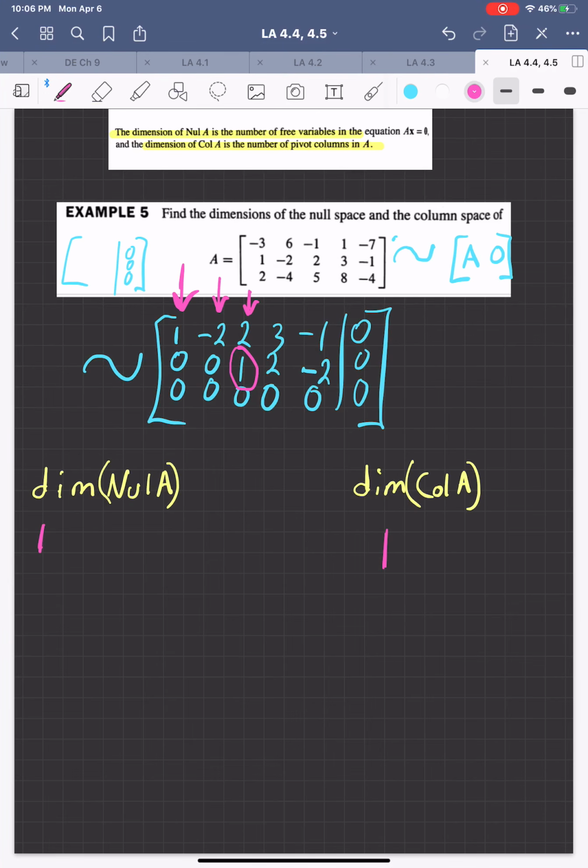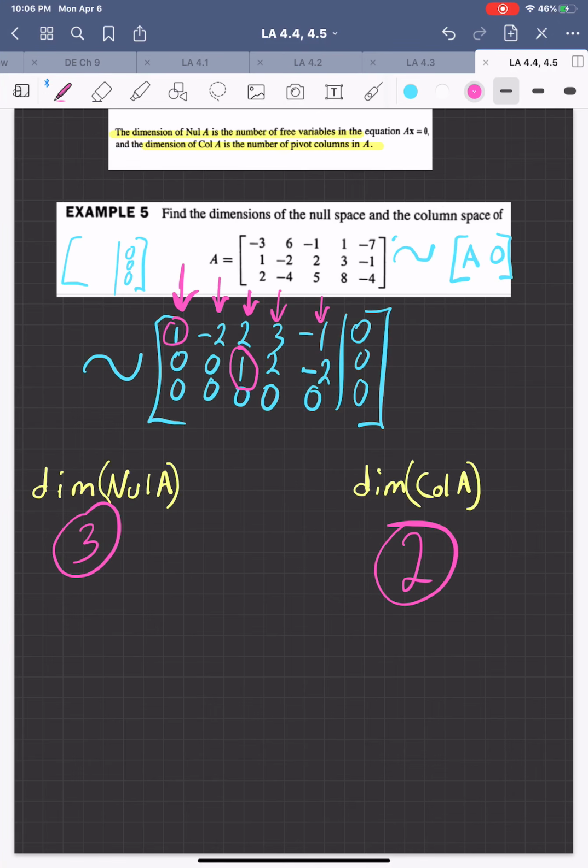The dimension of the column space is the number of pivot columns in A. Yeah, so we should have 2 pivot columns, which is what I've circled here and here. And then the rest are going to act as free variables. So sometimes I get distracted and second guess if I just said something incorrectly.